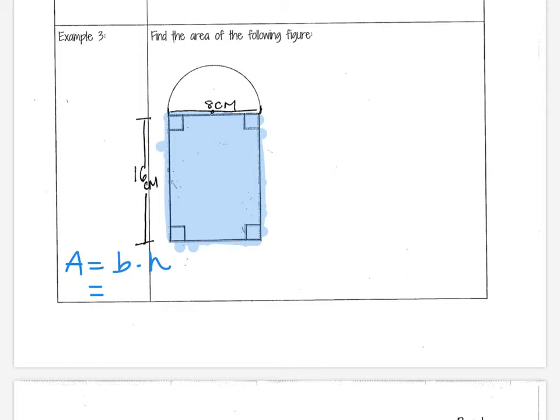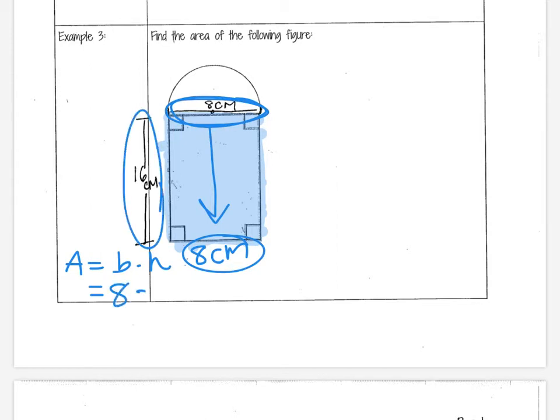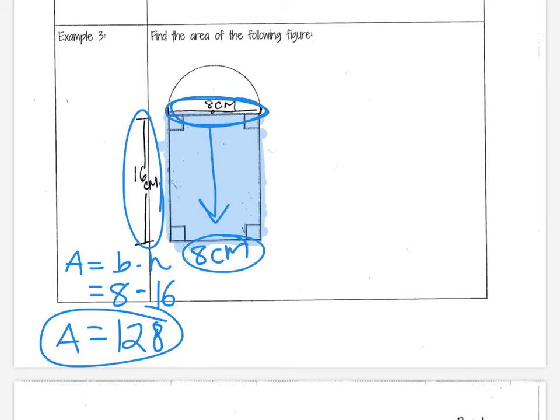My base, here I have 8 centimeters. I know that that's the same length as down here. So my base is 8 centimeters times my height of 16 centimeters. Then I just multiply them together. 8 times 16 is 128. I'm going to circle that to hold on to it for later.